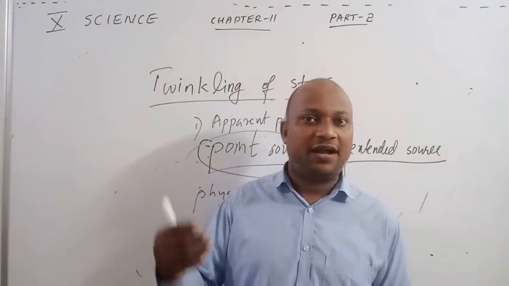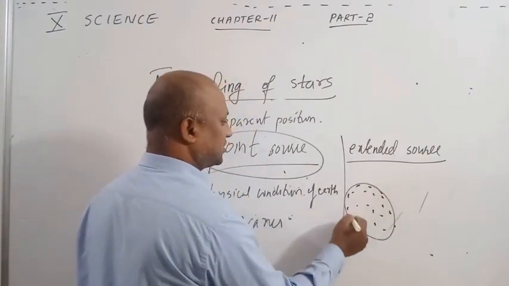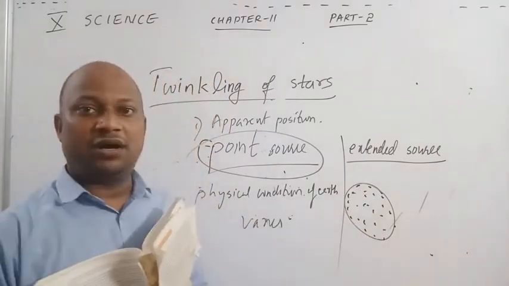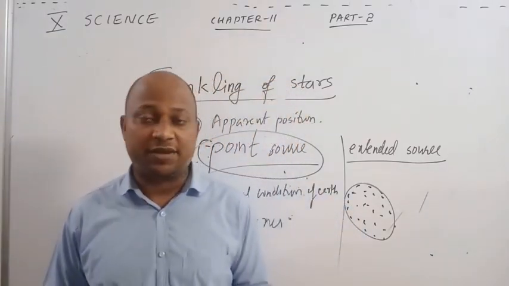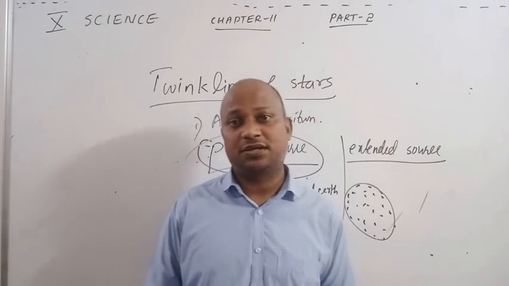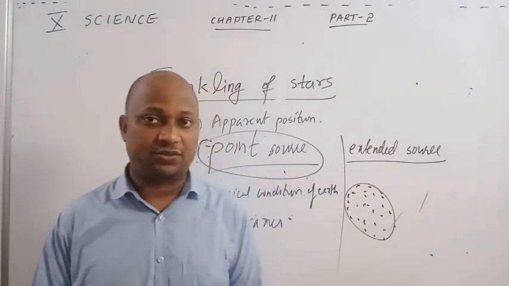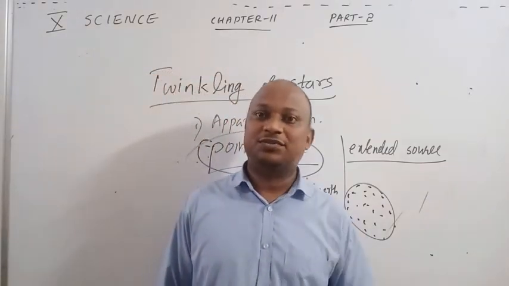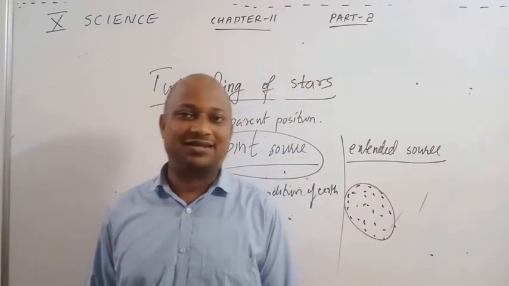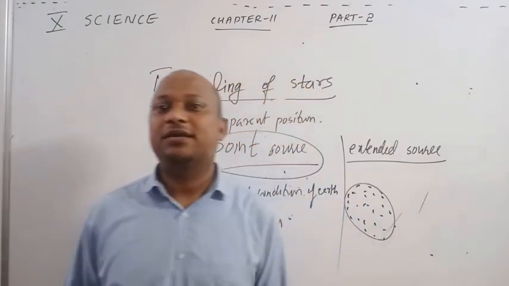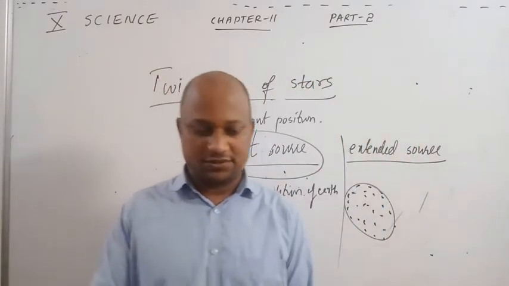An extended source is a collection of point sources. So 50% may be producing brightness in your eyes, and 50% may be darkness, meaning fainter, weaker light, or fewer rays, but every time it is the same. So the average effect will be brightness, not more or less brightness, because there are so many point objects. But when you consider a star, it is just a single point object.